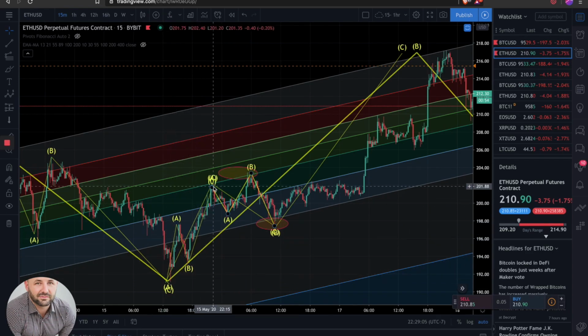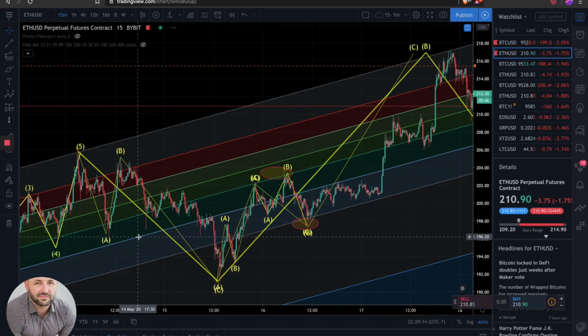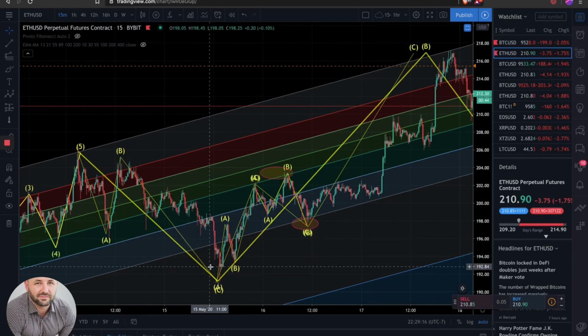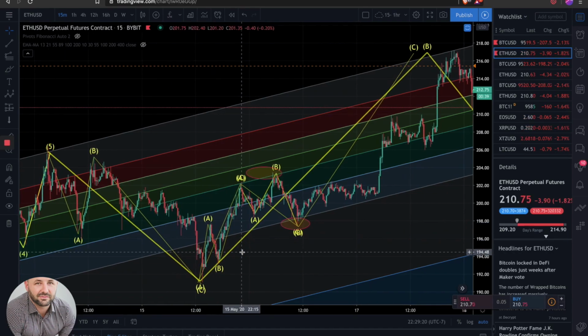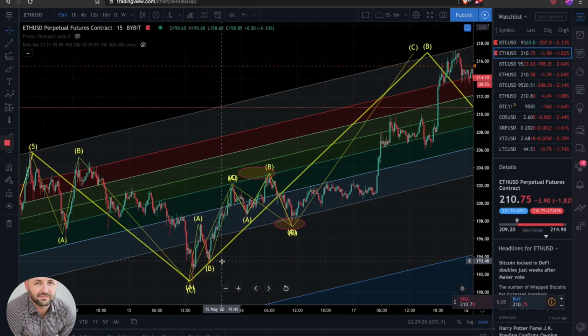Right here is what I was really paying attention to from this bounce. I wasn't in a position really throughout right here. It wasn't exactly the clearest formation, but as we started to get this move up and came back down, that's when I saw that we set in our higher low and were starting to change our direction. So paying attention to this guy right here is what gave it to me.